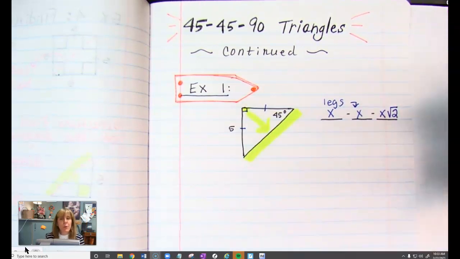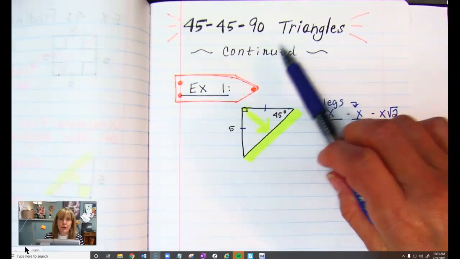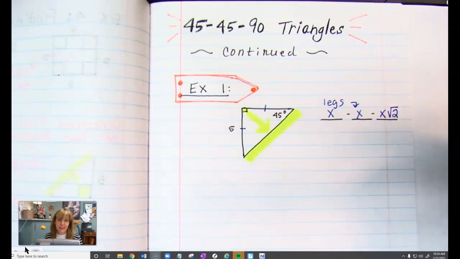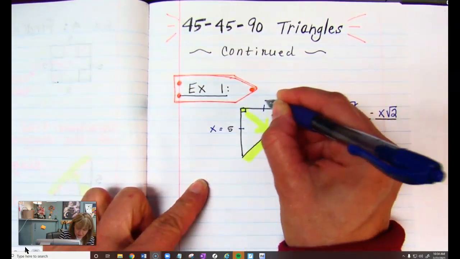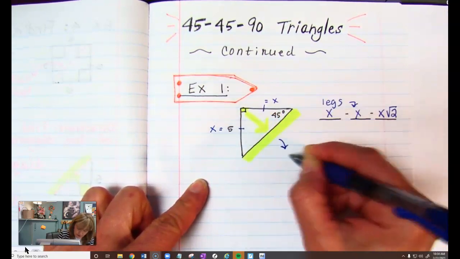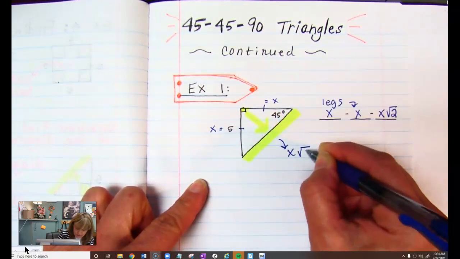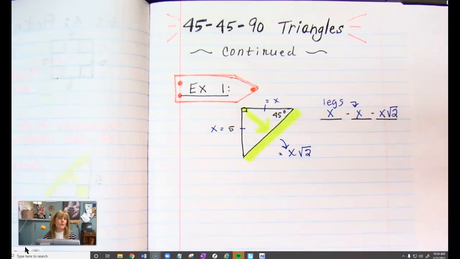That's what we're always going to use for 45, 45, 90 triangles. So I know that this equals X, this equals X, and this is X root 2.